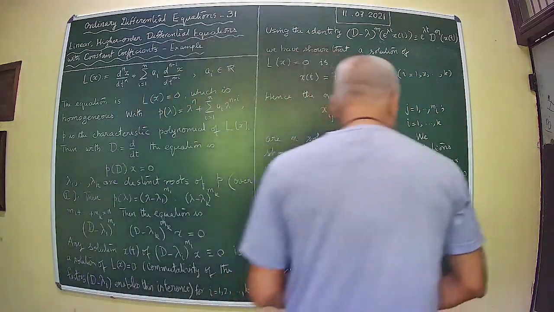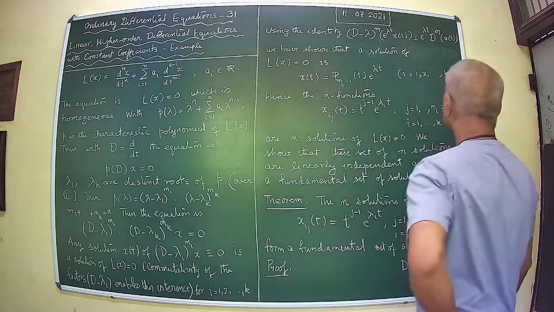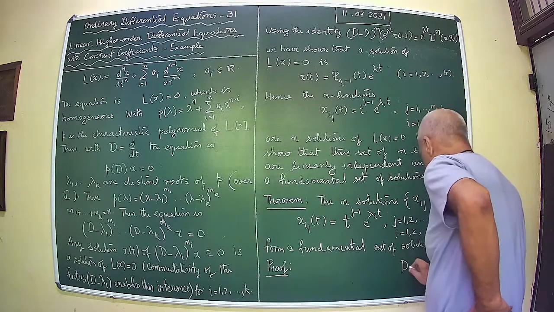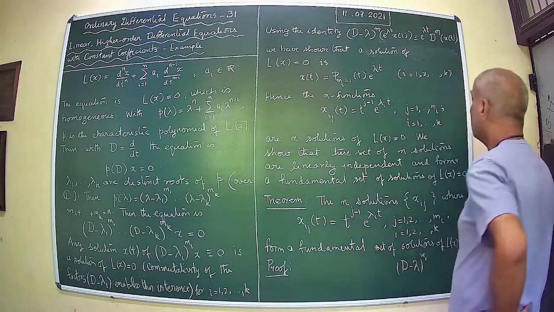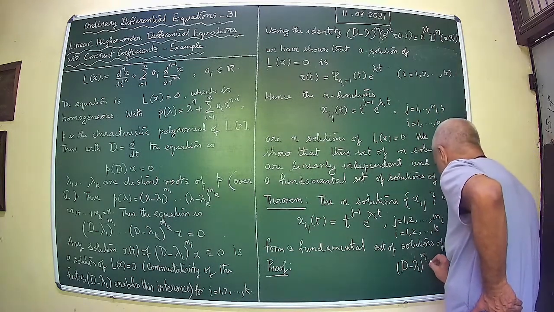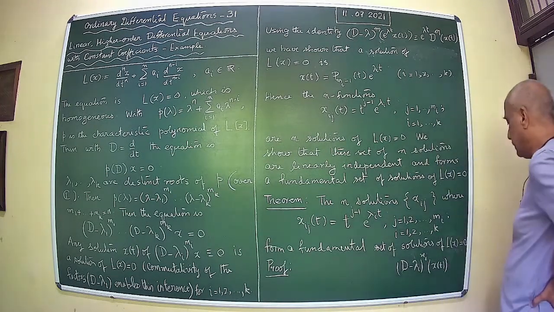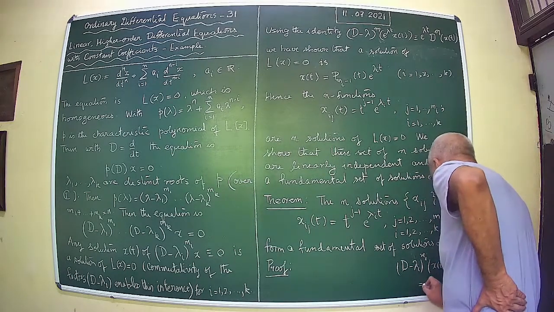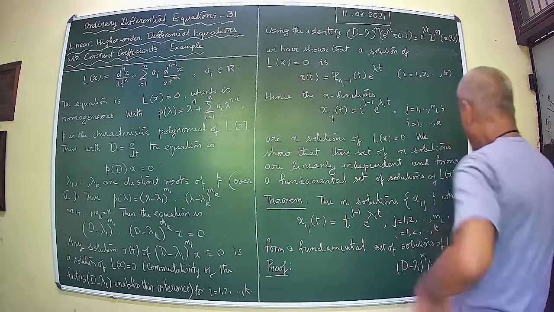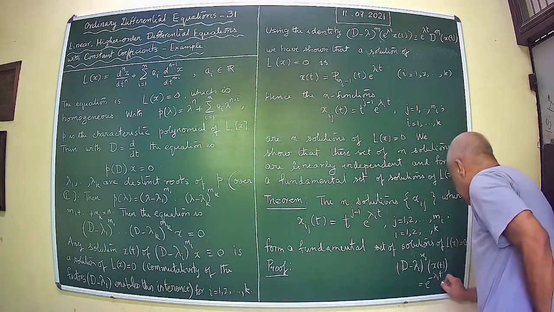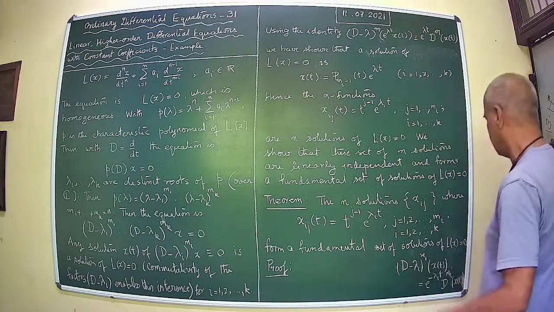It will be D to the power mi, sorry, (D minus lambda i), this you can write as e to the power lambda i t, e to the power minus lambda i t. This is something that you can do.